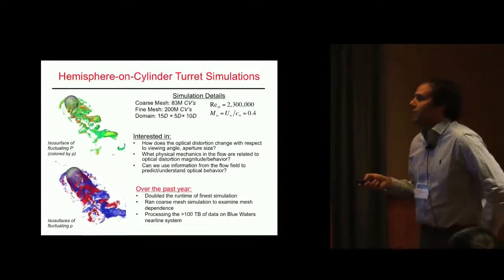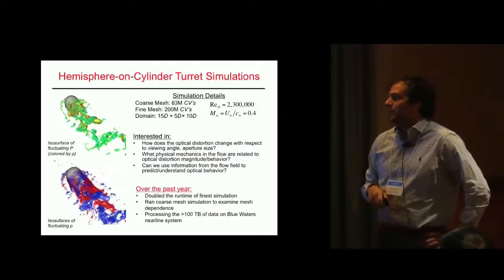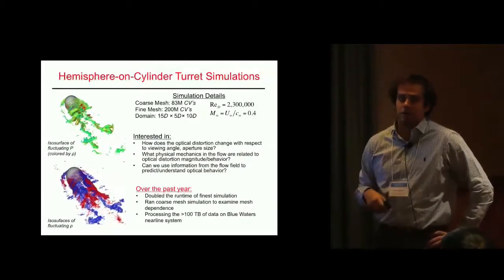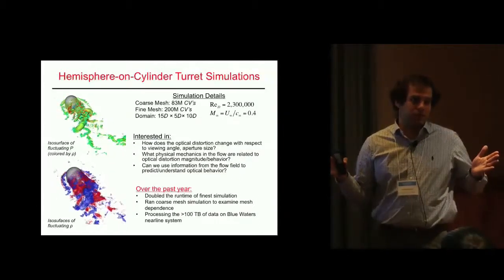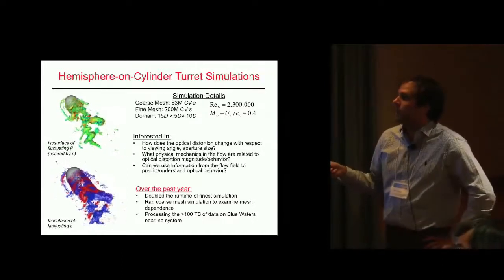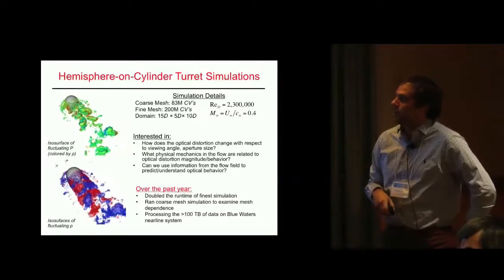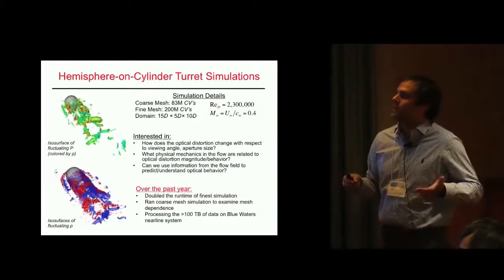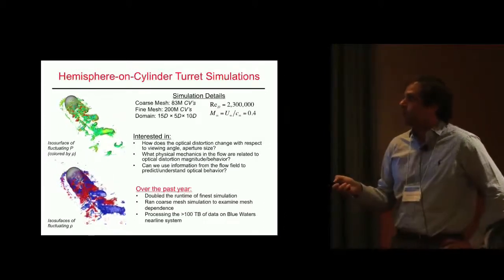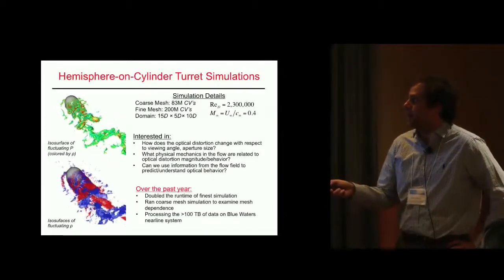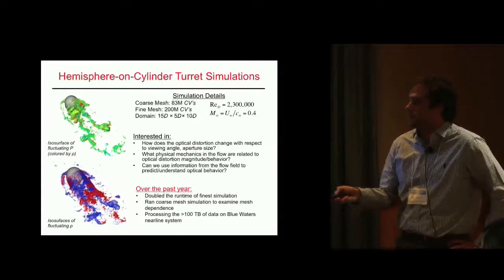So over the past year, we've doubled the runtime of the finest simulation to get better convergence of statistics. And as you can see in these two movies, you have some kind of large scale or large time scale events. There's some large structure shedding that happens periodically. You can see there are really long snaking structures in the wake.